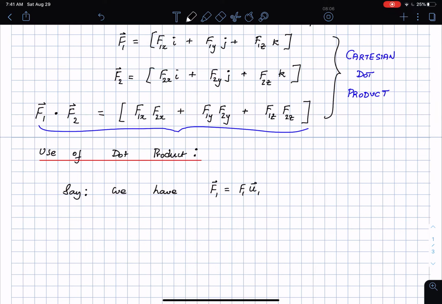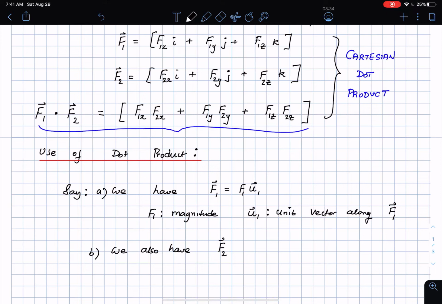Okay, so here f1 is the magnitude, u1 is the unit vector along vector f1.